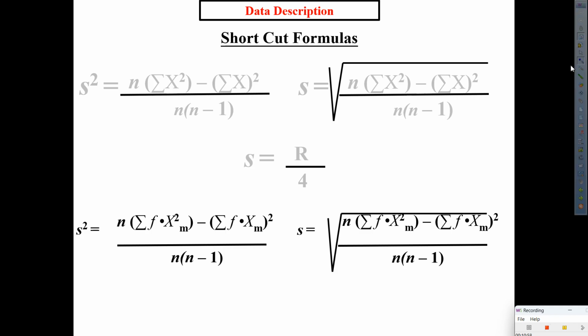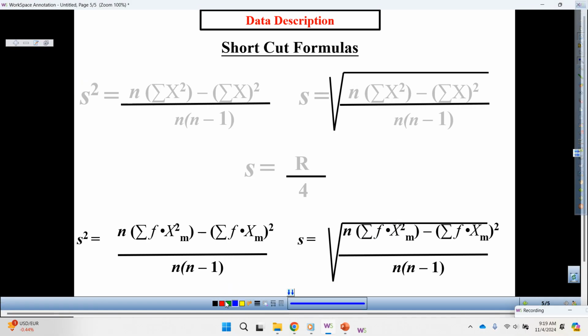And label this sample variance for grouped data. So if this is sample variance, look up. If this is sample variance for grouped data, what do we call this one? Tell your neighbor.